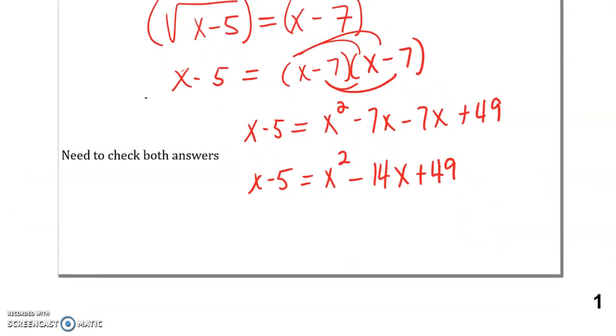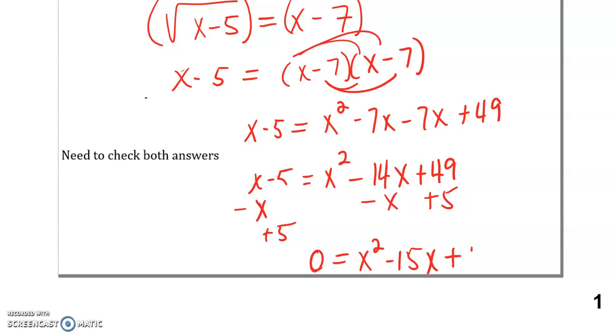But now this is a quadratic. There's an x squared, there's an x. I need to move over both of these. So in two separate steps, I minus x, which means it goes here. I add 5, which means it goes to this one. And now I have 0, x squared minus 15x, plus 54.